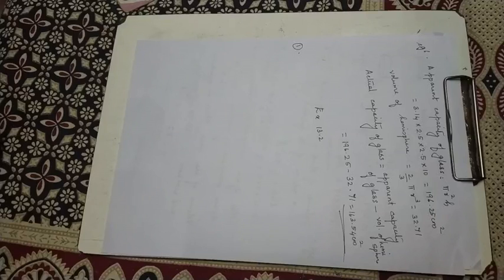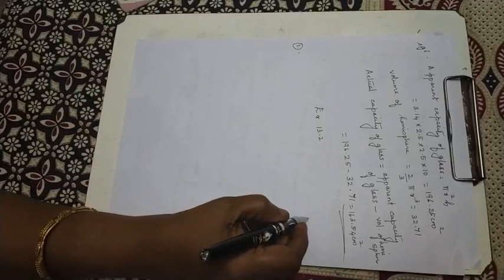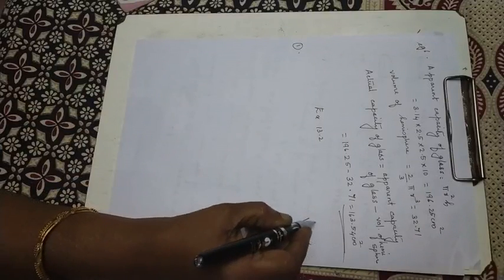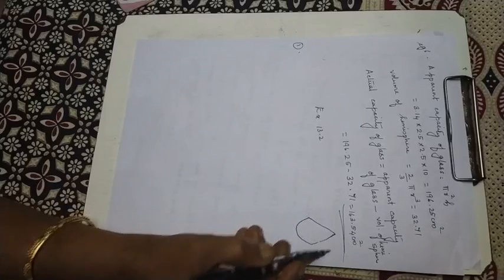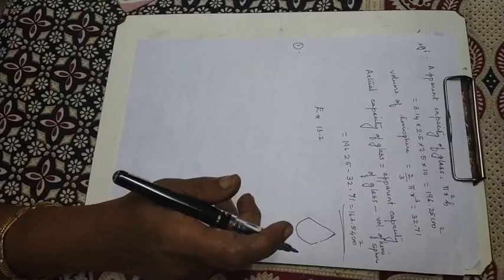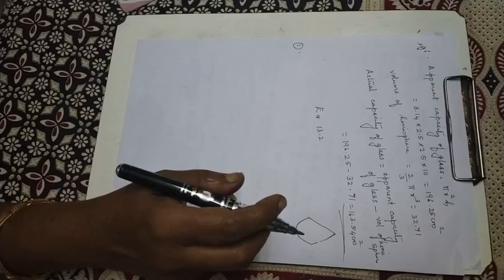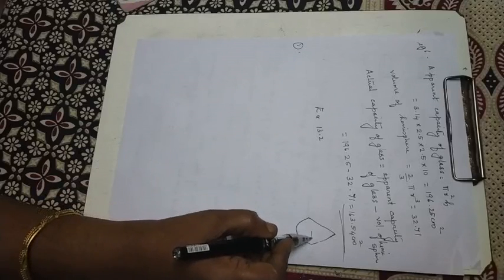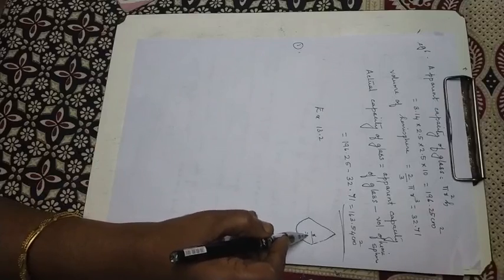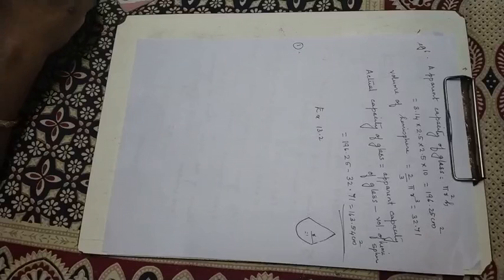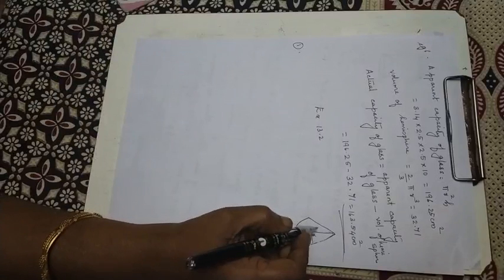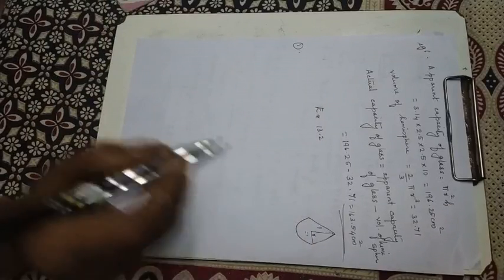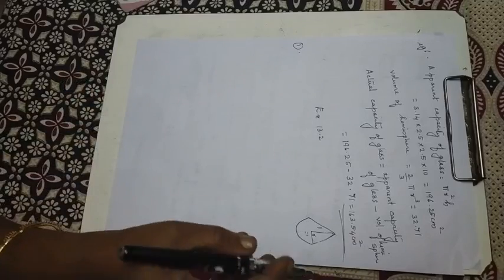So what will be the shape? It's like this, a cone on that hemisphere. Both their radii are equal to 1 centimeter, and the height of the cone is equal to its radius, that is, h is equal to 1 centimeter.